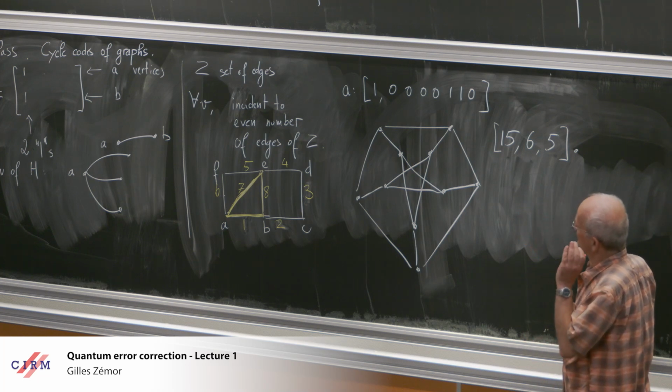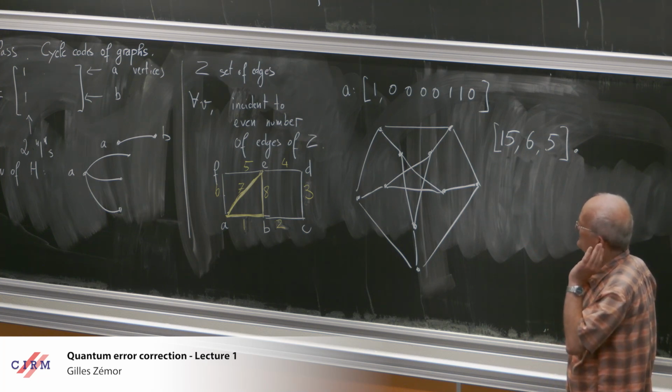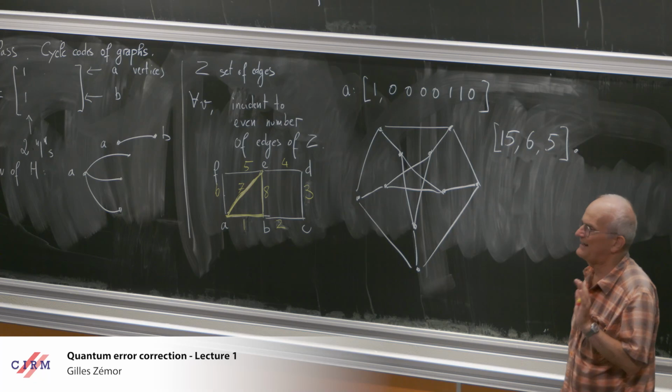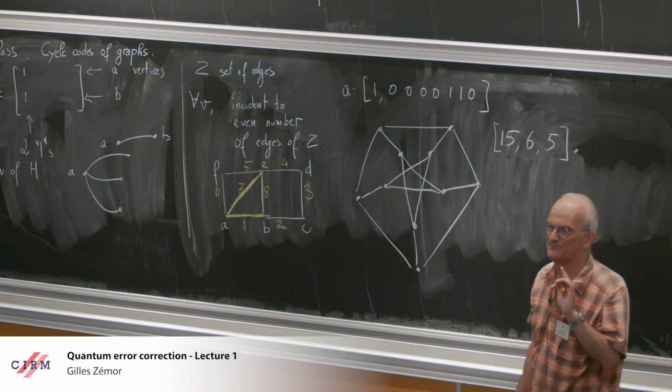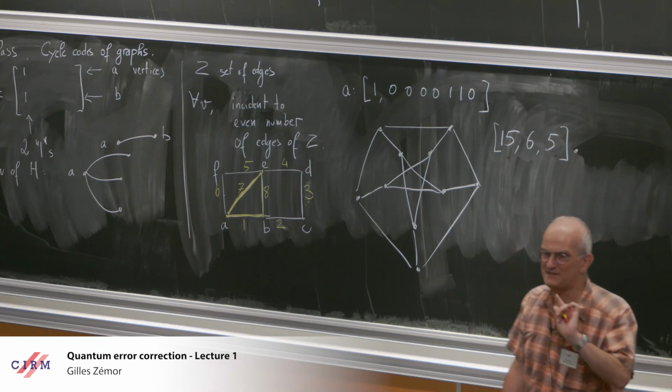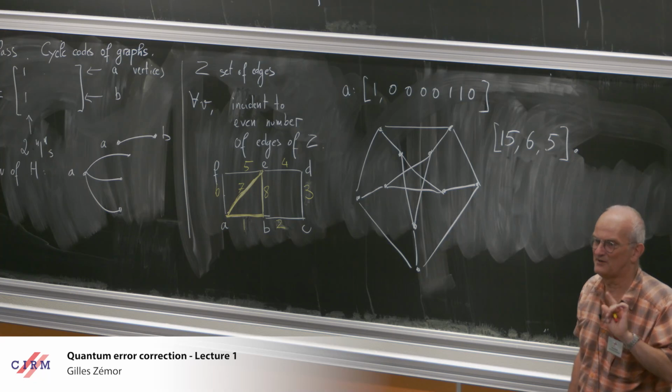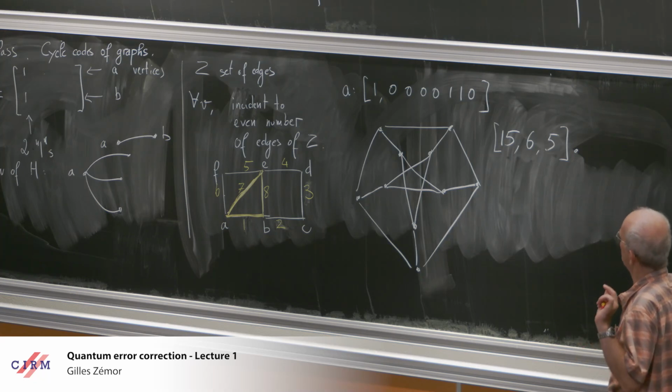Cycle codes of graphs in classical graph theory are some of the oldest codes around, and let me continue for half a minute and get back to you.